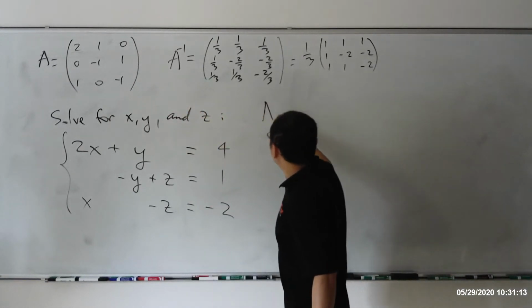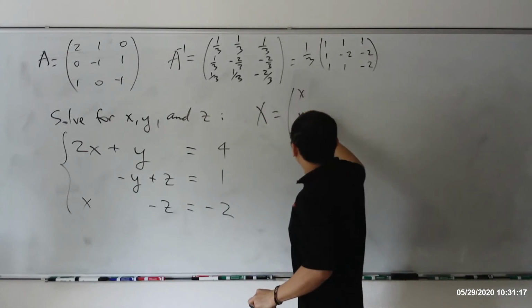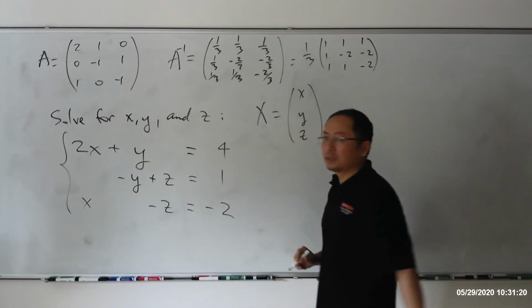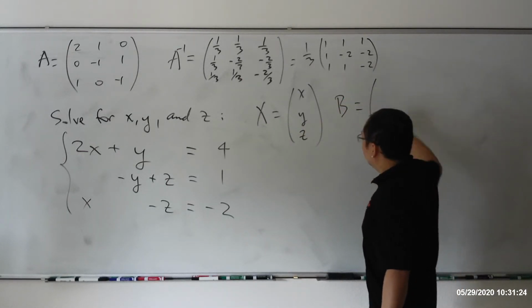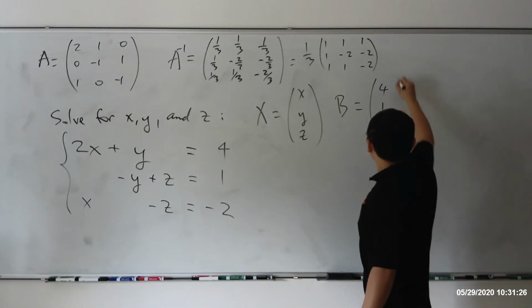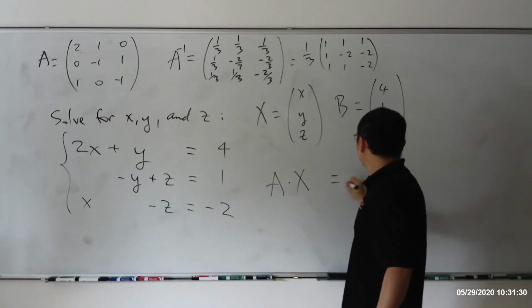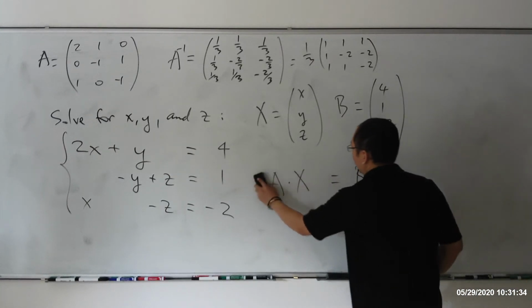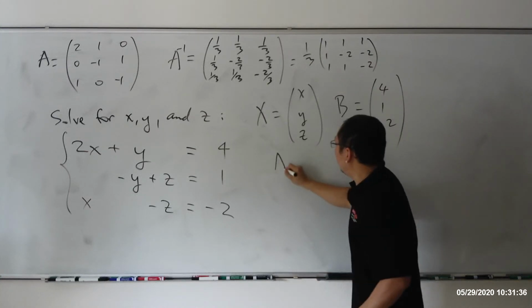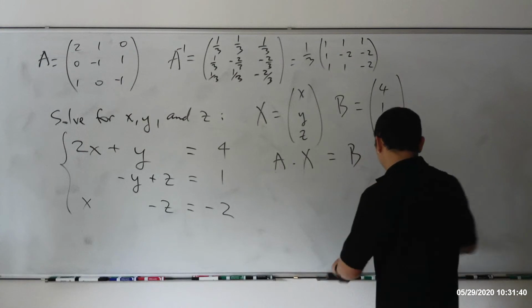If I call the matrix X equal to X, Y, Z, this is capital X, okay? And the matrix B is 4, 1, negative 2. And you see what? A times X is equal to B. A times X is equal to B.